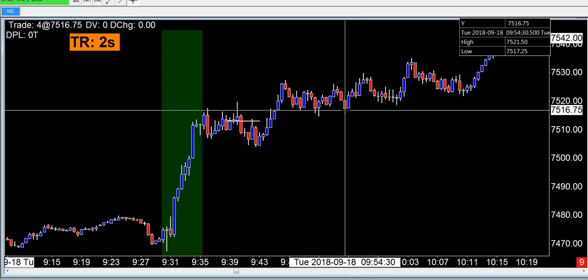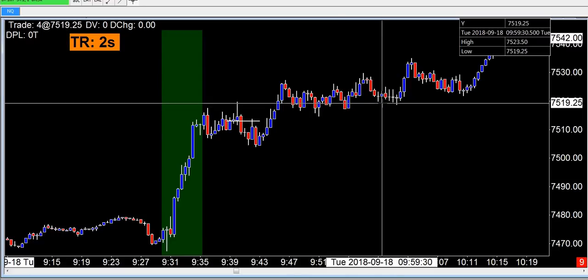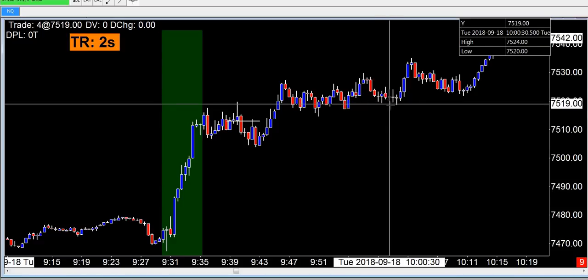That's 4. Make that 9.25, which is right there. So 1925 gets filled over here, and 19, 25, 20, 21, 22, 23, 24. I get up about 20 and some odd ticks and grab something.